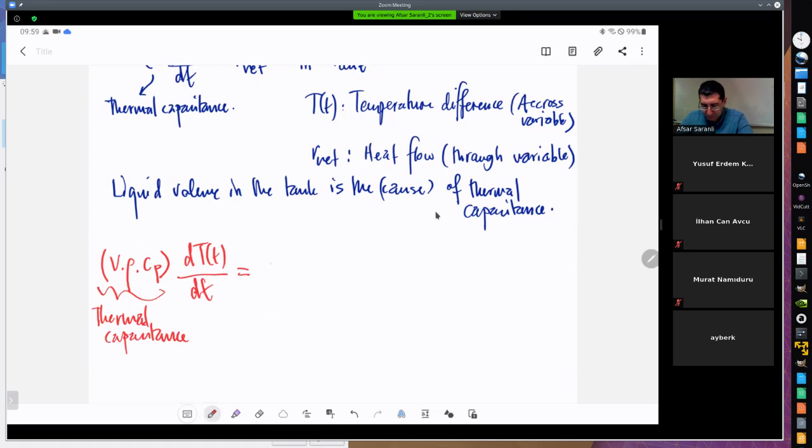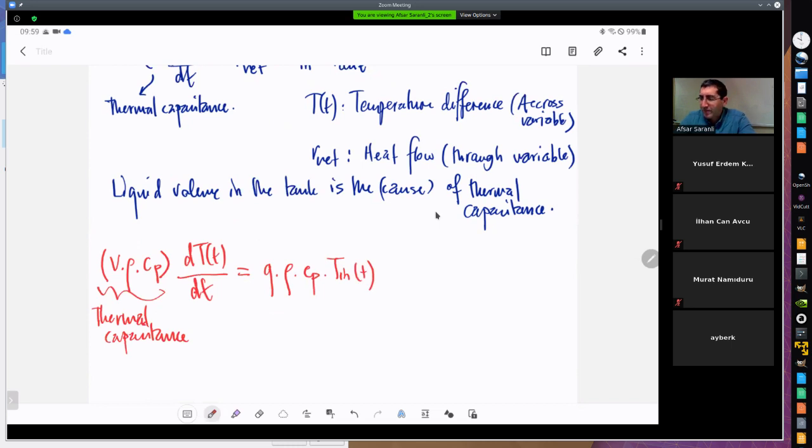Let's start first with the incoming fluid from the top. That's going to carry an amount of heat energy, which is again related with the capacity of the liquids carrying heat energy. So it's going to be the flow Q times the density of the liquid coming in, the specific heat of that liquid, times the temperature of the liquid.